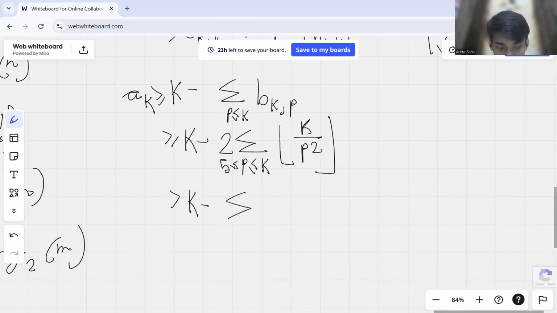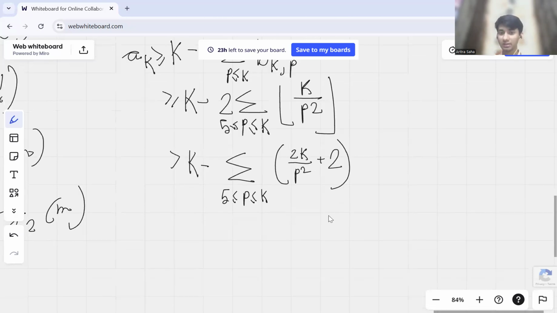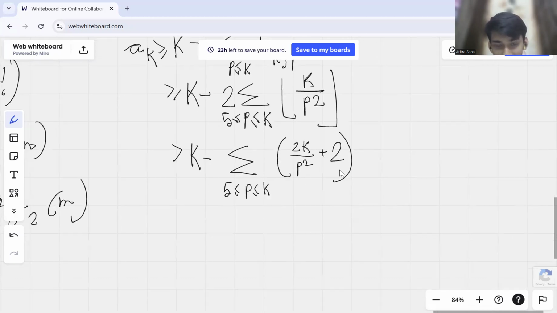So this will be summation of... you see that? Because floor of x is like x by 1, and you have the 2 at the front. So +2 summation. What will be this?